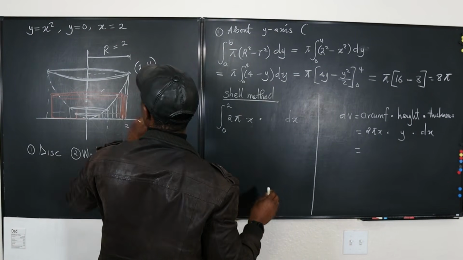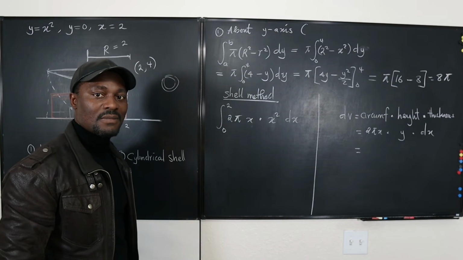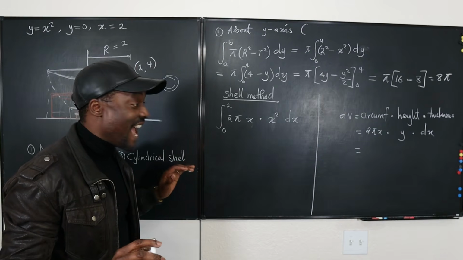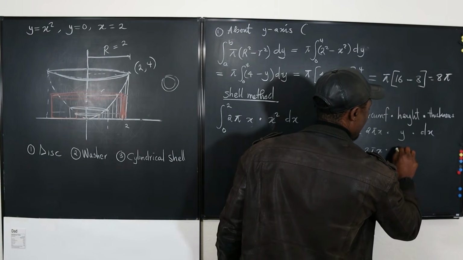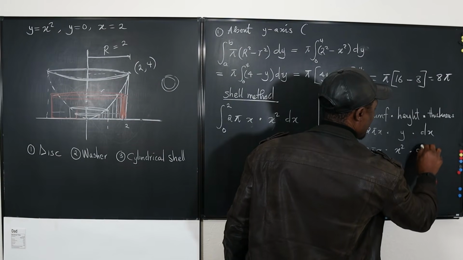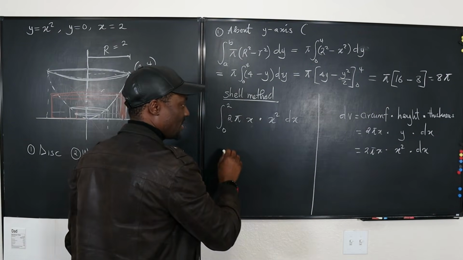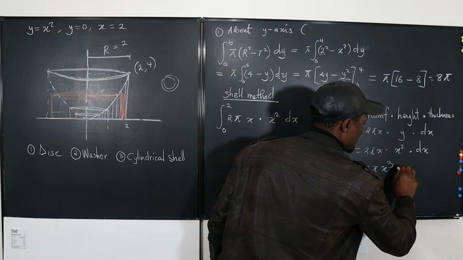What did we say y was? y is x squared. So I think that's the only thing I need to change. With that, we can say this is 2 pi x times x squared dx. And that's what I'm going to bring in here and integrate. So this is the same thing. Let's clean this up. This is 2 pi x cubed dx.